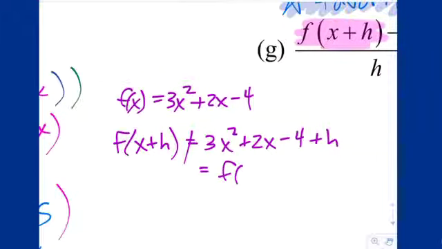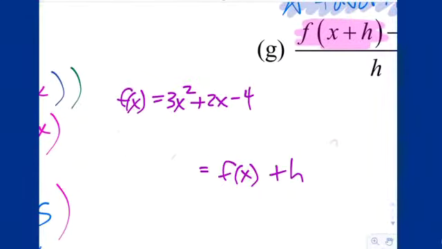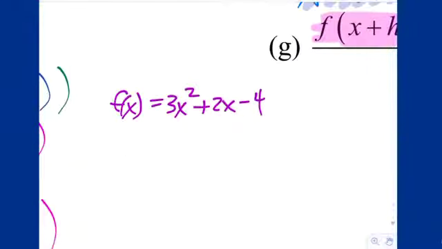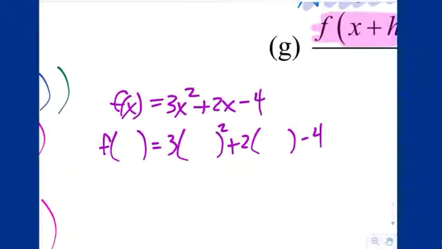This is actually equal to f of x, close parentheses, plus h. And that's not what we want. We want to actually plug in for both x's the quantity x plus h. And so like I mentioned in class, you want to write this as f of blob, parentheses, equals 3 blob squared plus 2 blob minus 4.